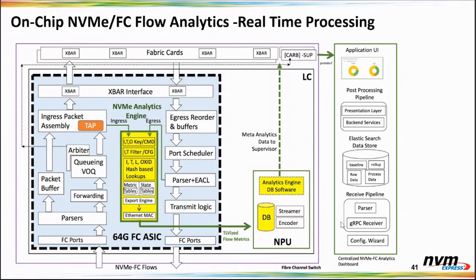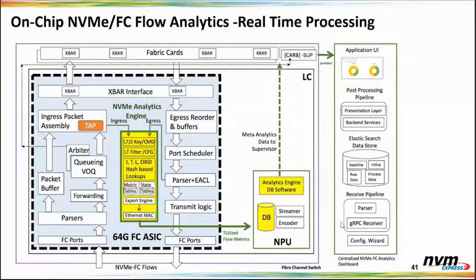A disclaimer: this is a Cisco MDS 9700, with the Fibre Channel ASIC inside. I'm going to walk you through how NVMe over Fibre Channel flows. One has to track and be able to extract the analytics information so that you are getting the best performance over the network. It gives you that live, real-time analytics processing.